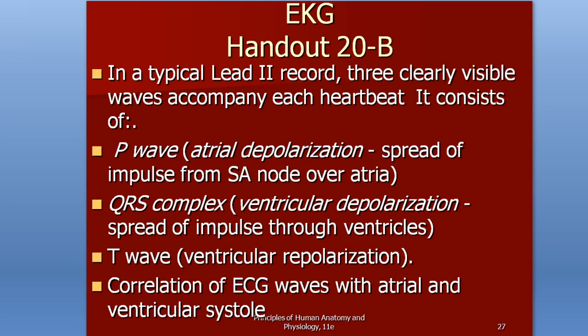So the P wave is the spread of depolarization over the atria. QRS complex is the spread over the ventricles, so depolarization of the ventricles. The T wave is where we have ventricular repolarization. The one thing that you got to remember that's not on here is that atrial repolarization occurs at the same time as the ventricular depolarization.